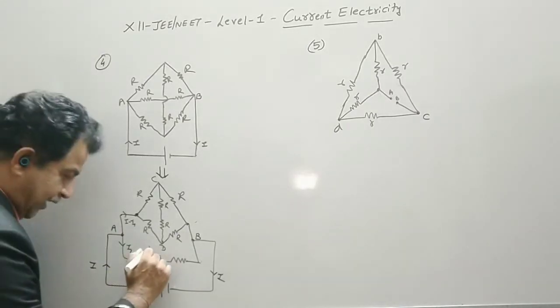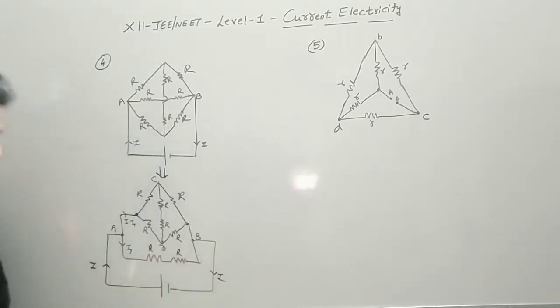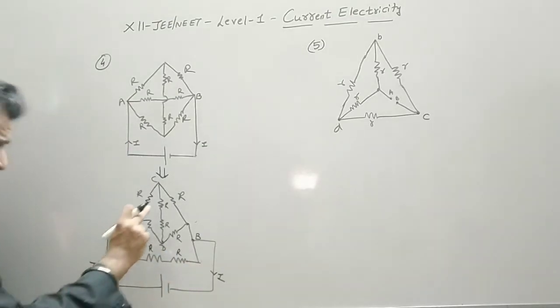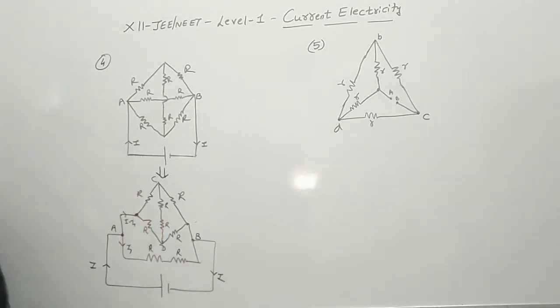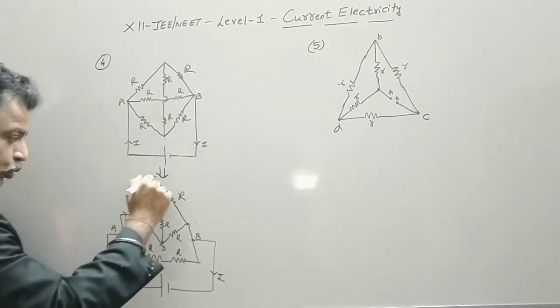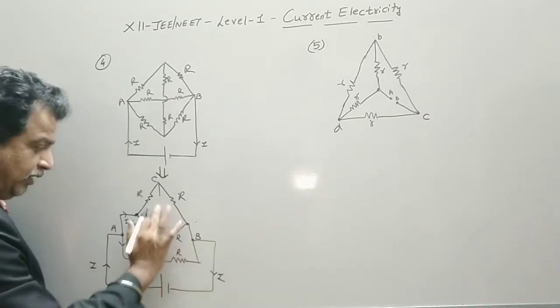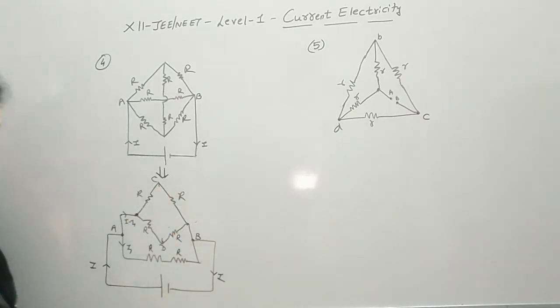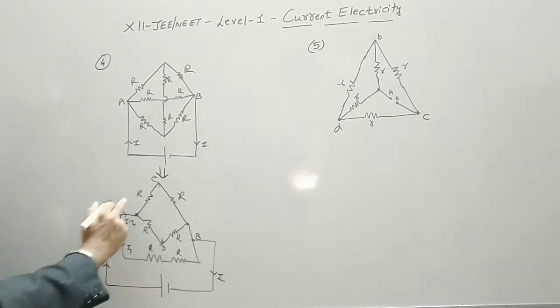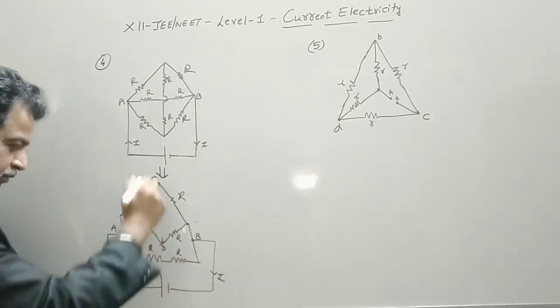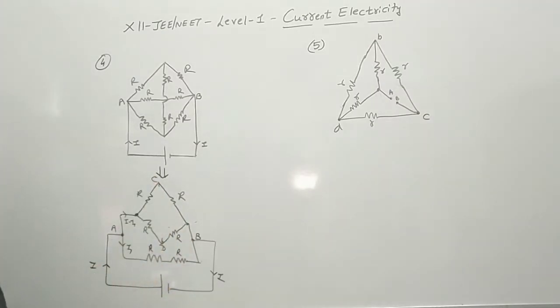So the equivalent diagram can be drawn by removing this resistance. If I remove these two resistances, they become ineffective. Why? Because the bridge is balanced, so the galvanometer we have connected shows zero deflection.